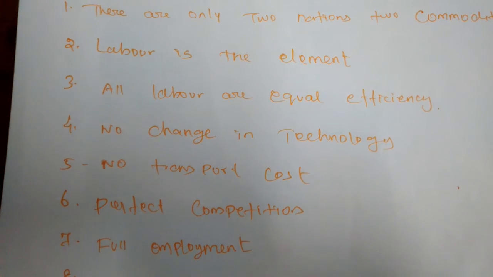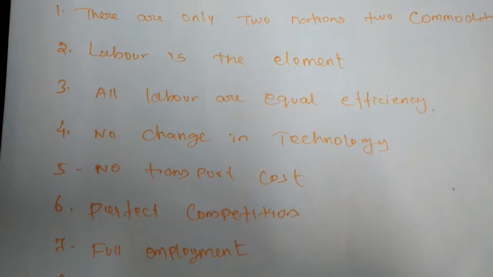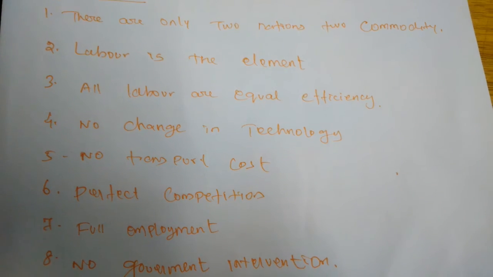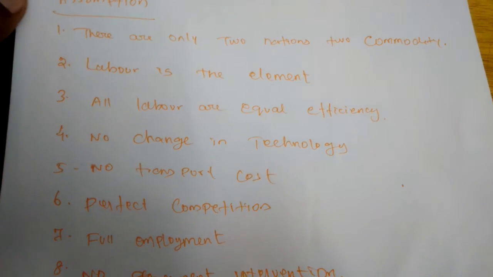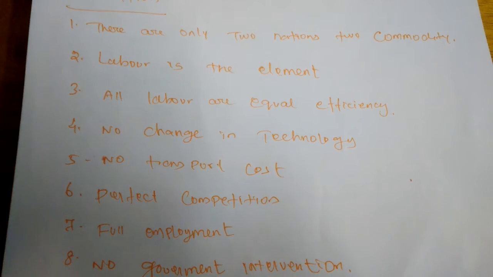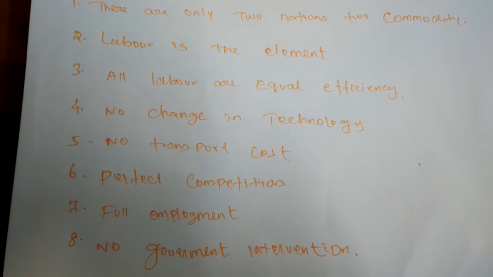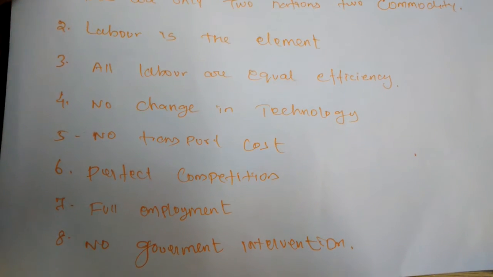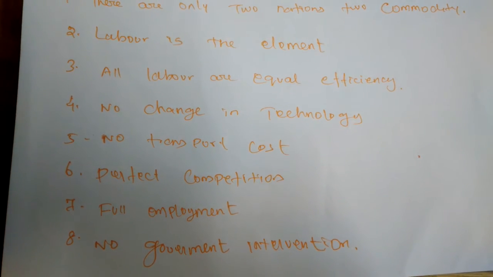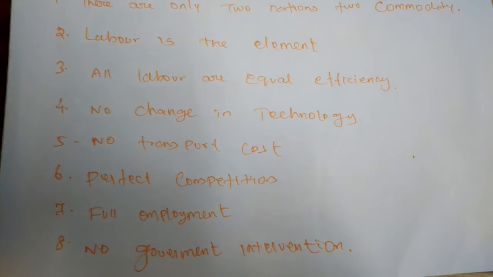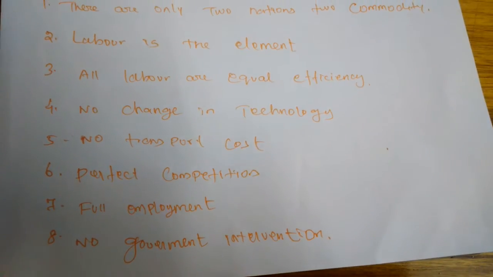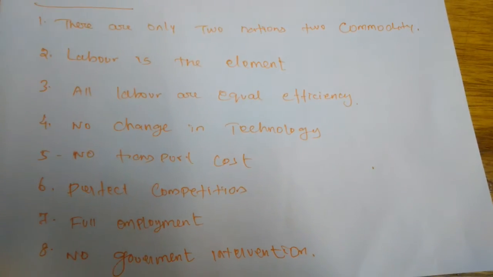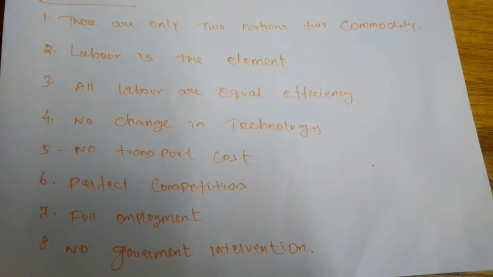There is no change in technology; it is permanent. There is no transport cost, as I said in the first theories. There is full employment in both nations, and no government intervention in the international trade between the two nations.